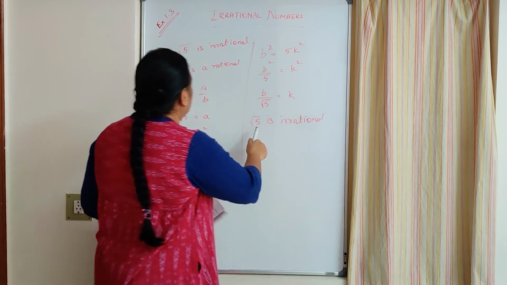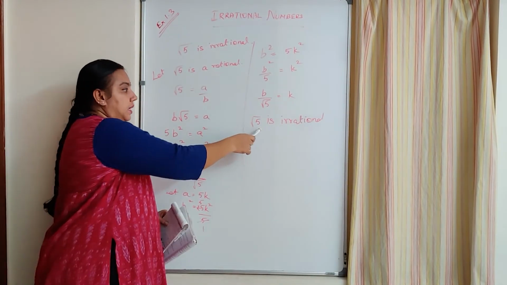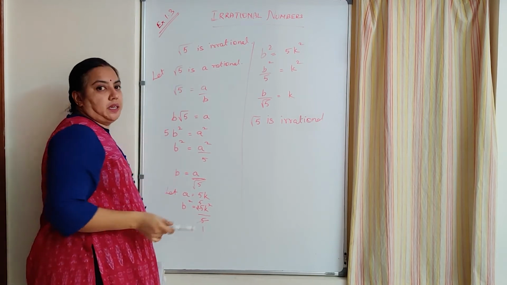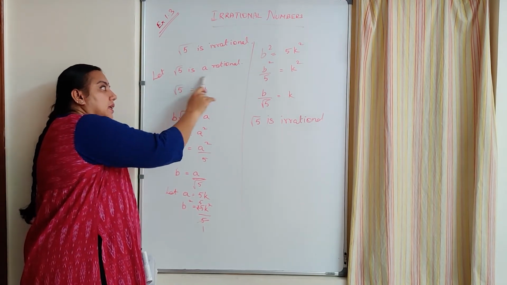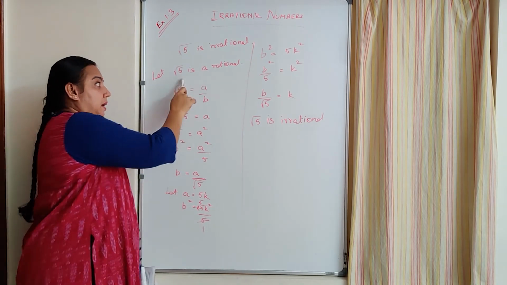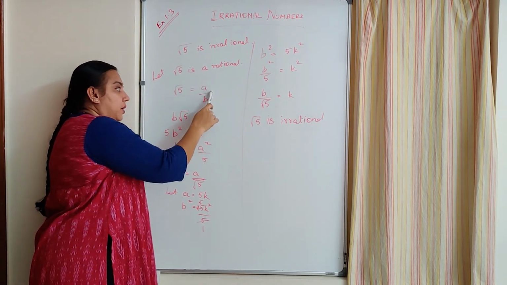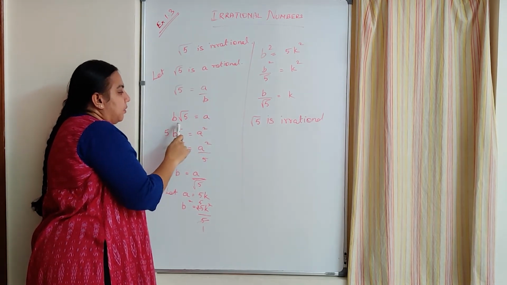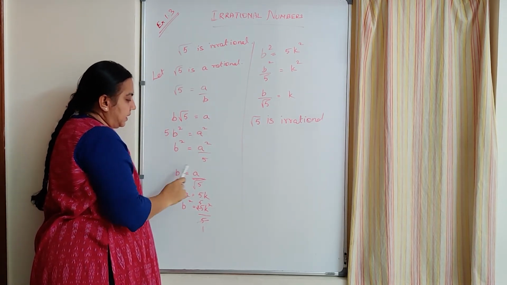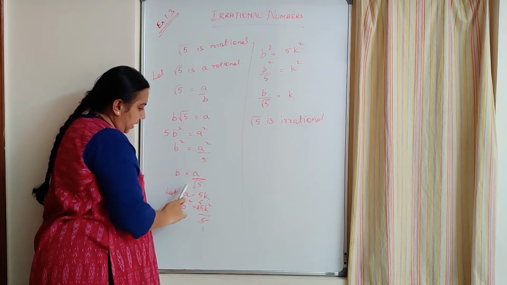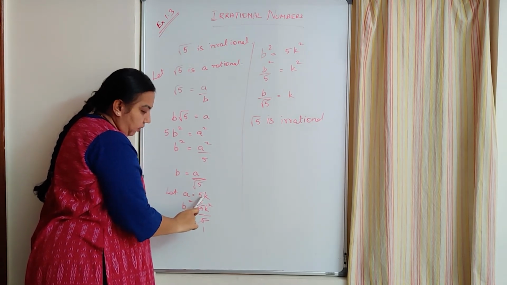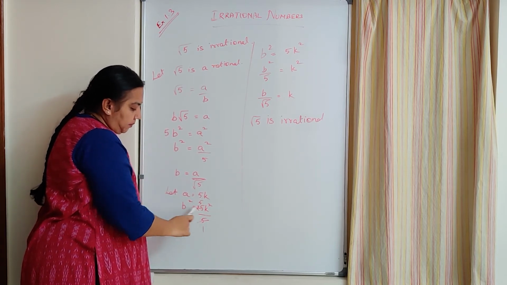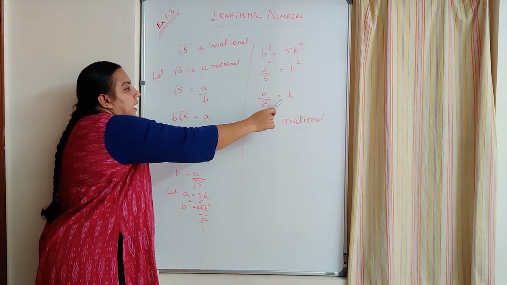It doesn't go only with square root of 5. This theory is applicable for any prime number. I will repeat it again. The first thing is, we consider the square root of 5, or square root of any prime number, as a rational number, and write it in the form a by b, and square it on both sides. I consider a is equal to 5k, introducing a new integer k, and again square on both sides.